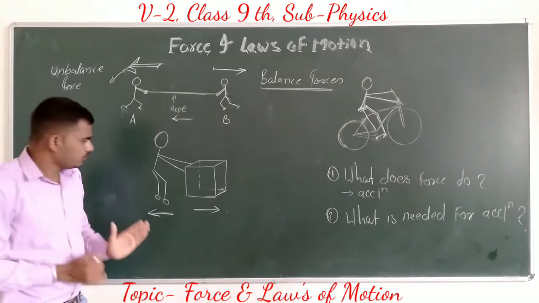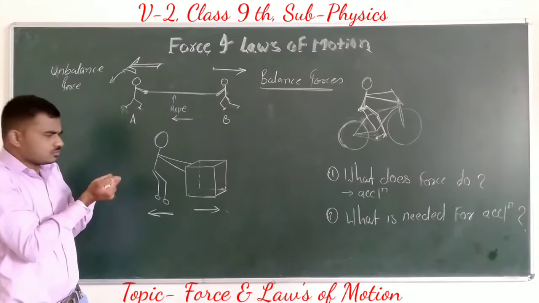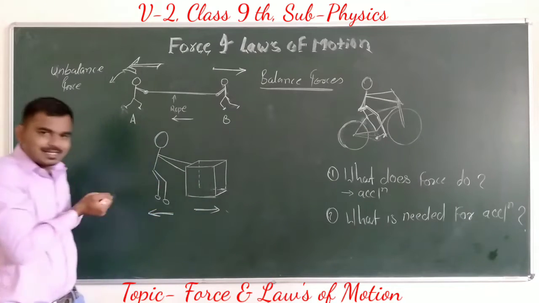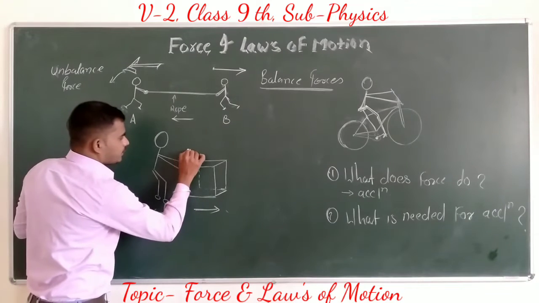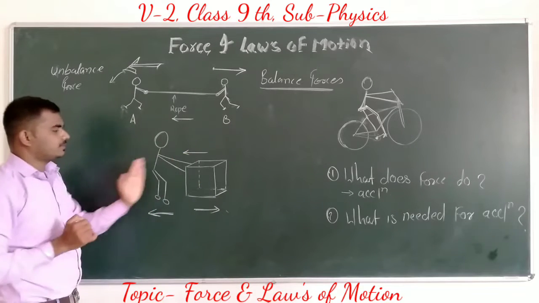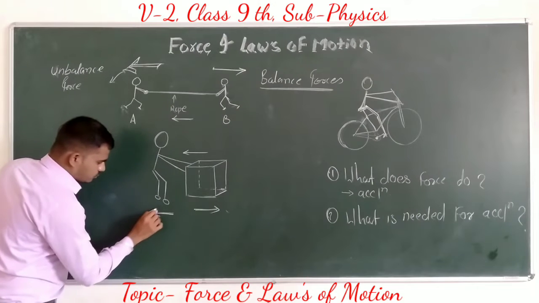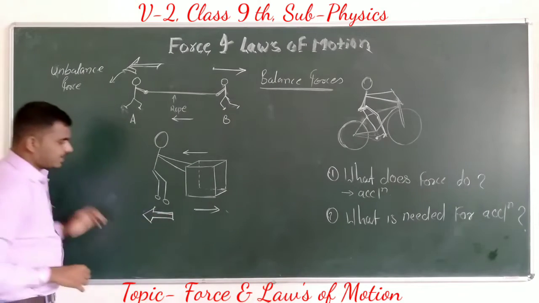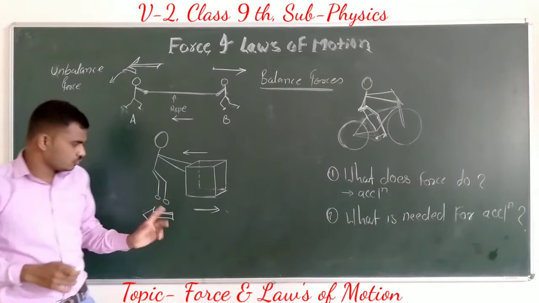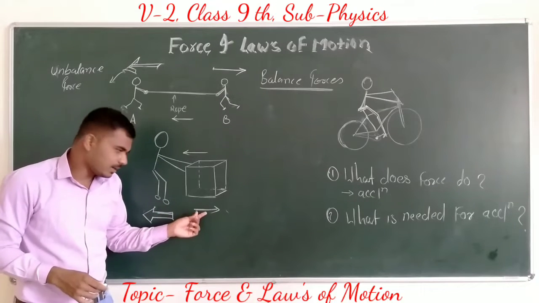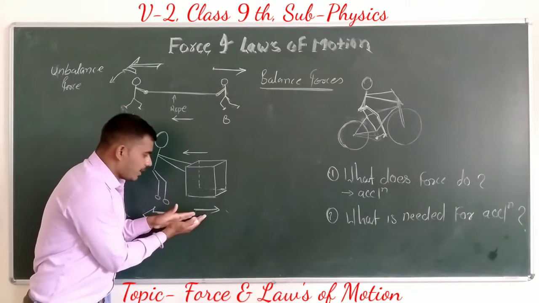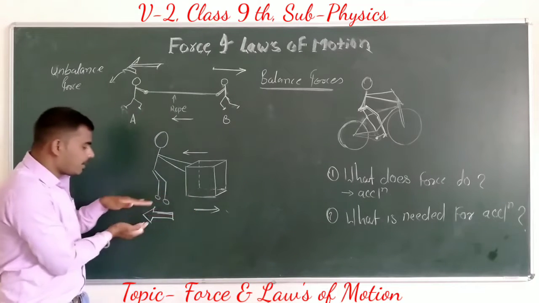In that example, we apply more force on the box, then the box gets accelerated. The box moves in that direction. Because of the application of more force on the box, the frictional force is applied in the opposite direction, but the value of that force is less than the applied force.